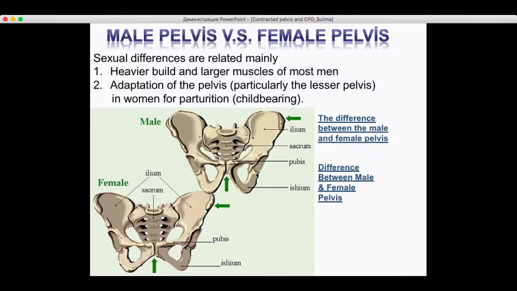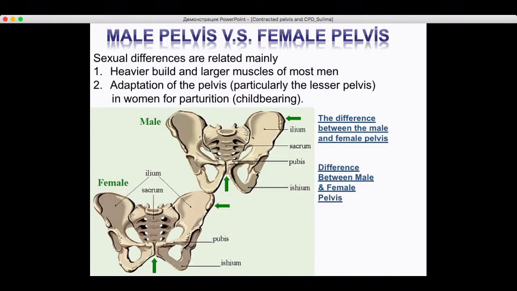You can see on this picture very clearly that the male pelvis has a heavier build, and our men have larger muscles, of course, and by nature the female pelvis is well adapted to childbirth.